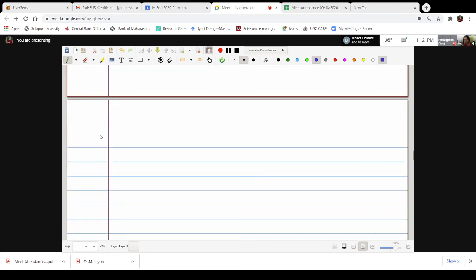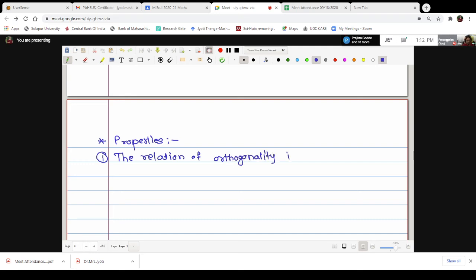Now we will see some properties of the orthogonality. Very easy properties we have. The first property is that the relation of orthogonality is symmetric.